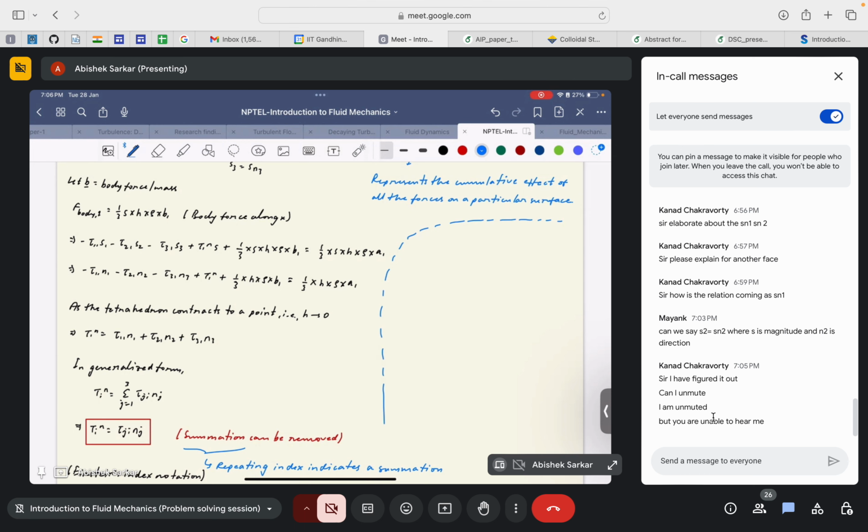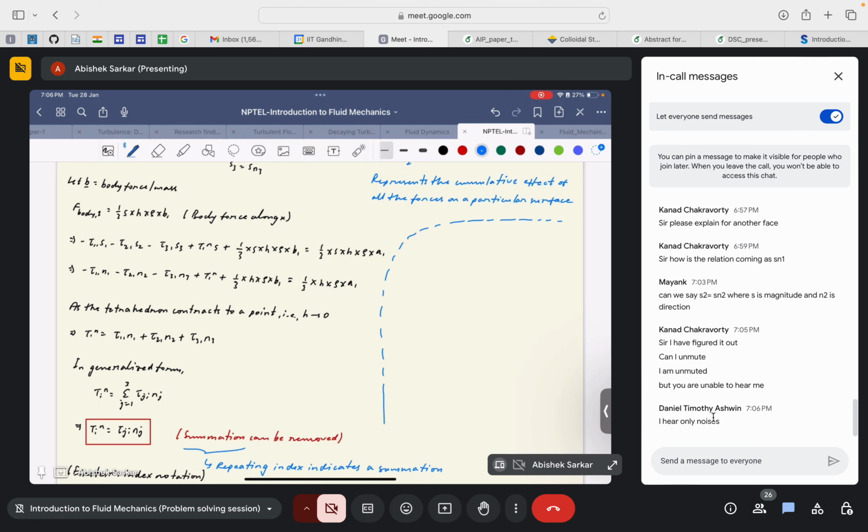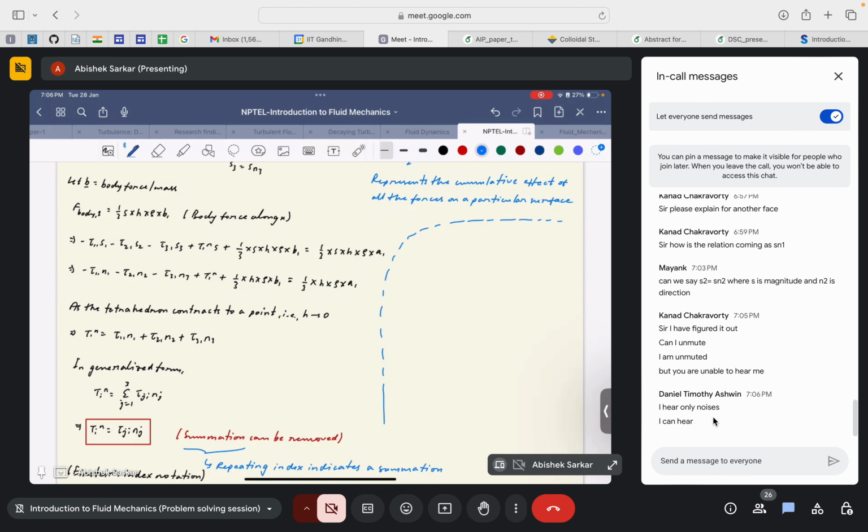Are others able to hear Kanad? I think others are also not able to hear. I think it is not a big derivation. Can you just write it in the chat box? There might be some issues in the mic or the internet connection.